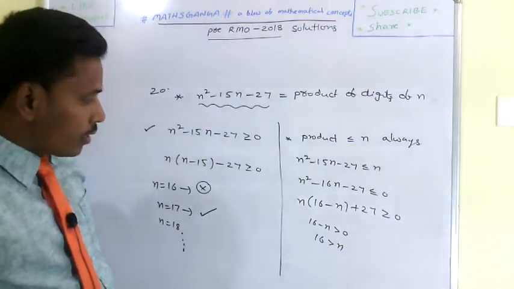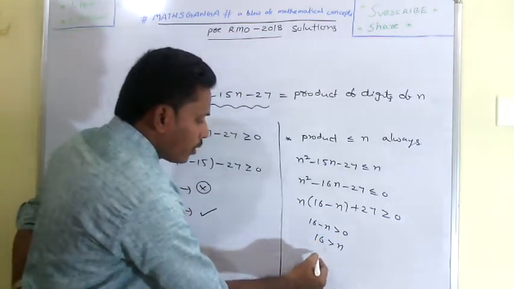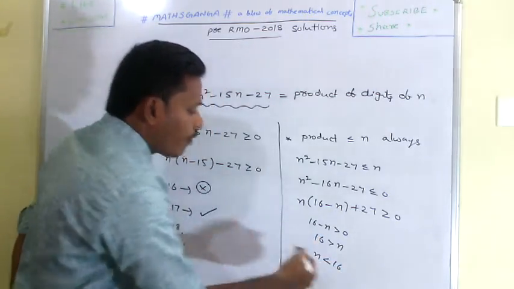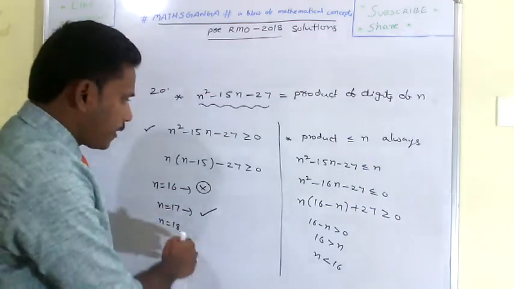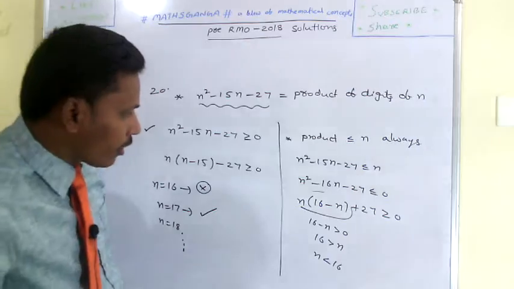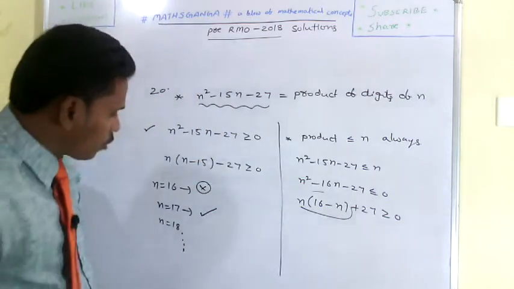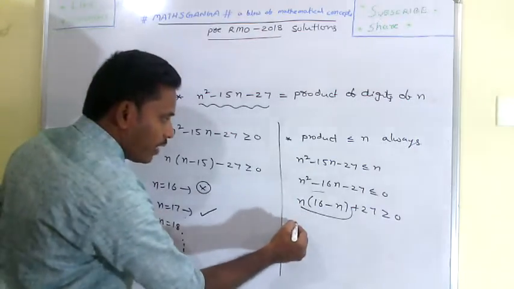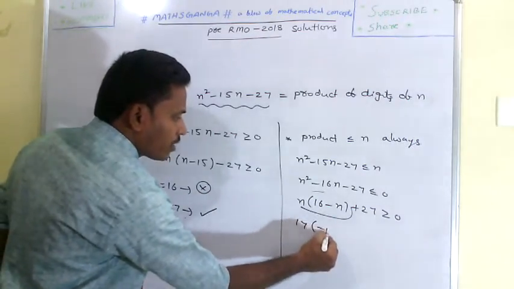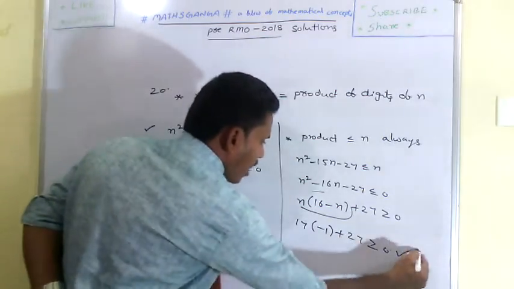See, it is given that the value of n must be less than 16, but if this value is less than 27 then also positive. What I am going to tell you is, for n into 16 minus n plus 27, whenever it is positive, check with 17. If you replace n with 17, 16 minus 17 is minus 1, times 17, plus 27, that is greater than 0.